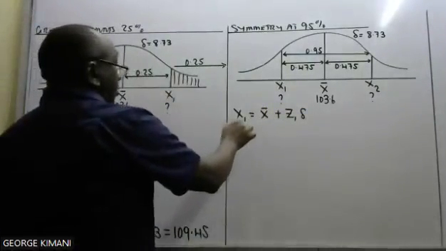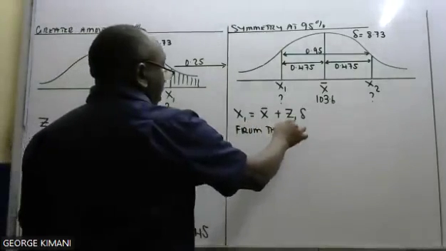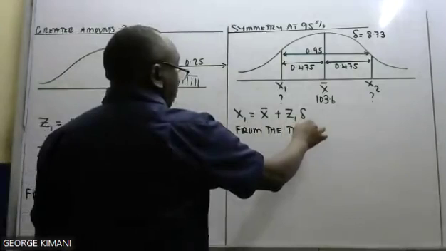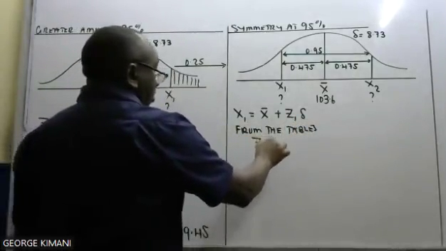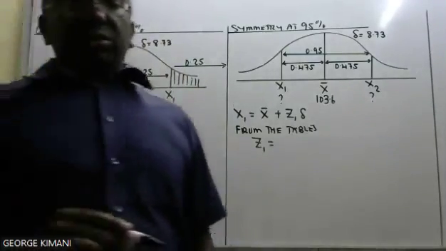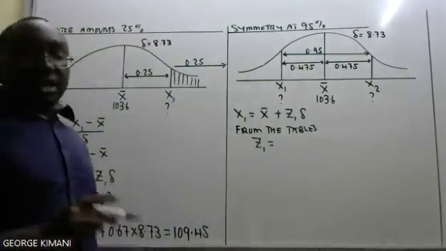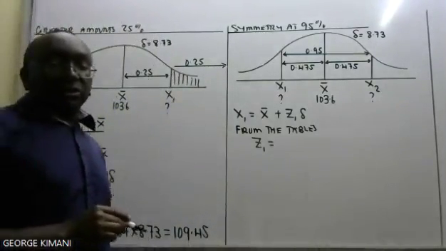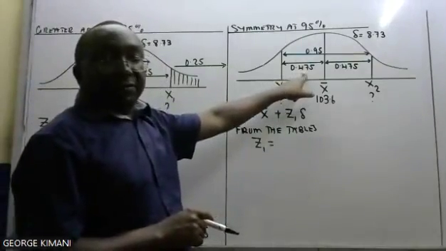So from the tables, Z1 should be equal to, now go inside the tables, as I have told you, you look for this one, 0.475.